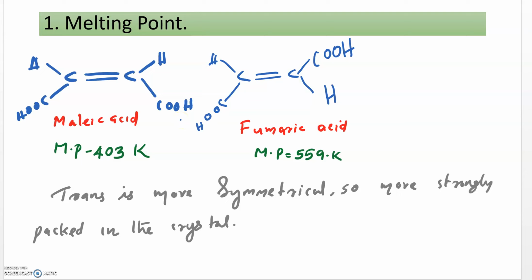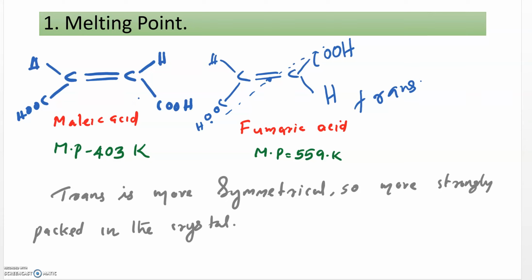Okay, in the trans isomer, we know that it is more symmetrical. For example, if we consider a point here, if we draw a line from here, we meet a COOH, and extending this line in the other direction, we meet the same COOH. That means this molecule has a center of symmetry. That means the trans isomer is more symmetrical than the cis isomer.